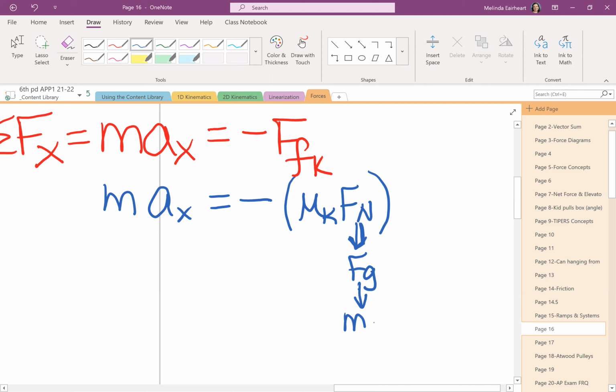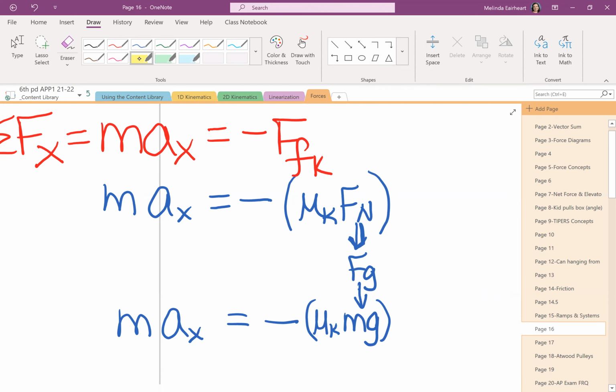That's where I use the thought experiment. What if we go to the moon? We change our weight, but we don't change our mass, okay? Now I'm just going to bring everybody else down. And again, what we're trying to solve for here is that coefficient of sliding or kinetic friction, okay?